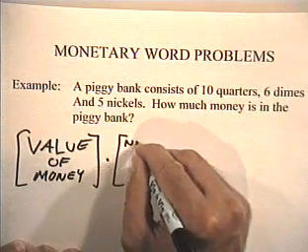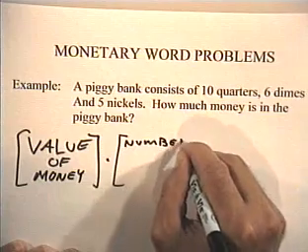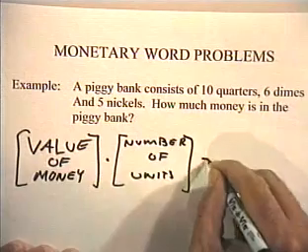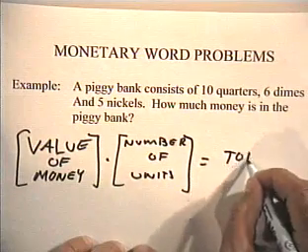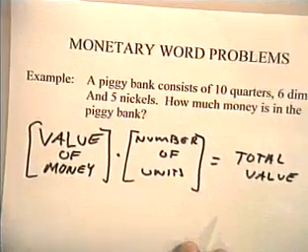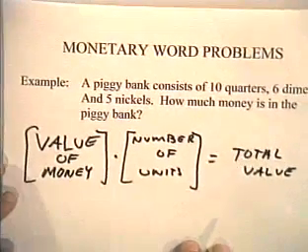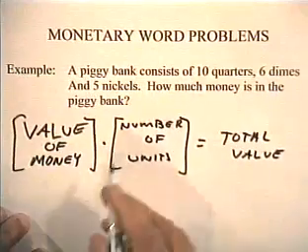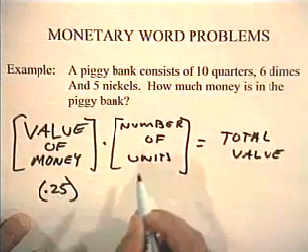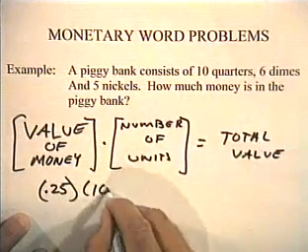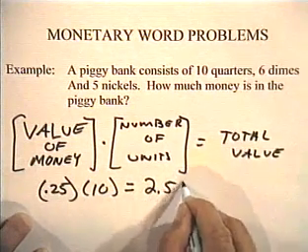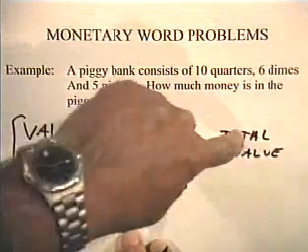Money is 25 cents times the number of quarters, which is 10, and that, of course, is $2.50.